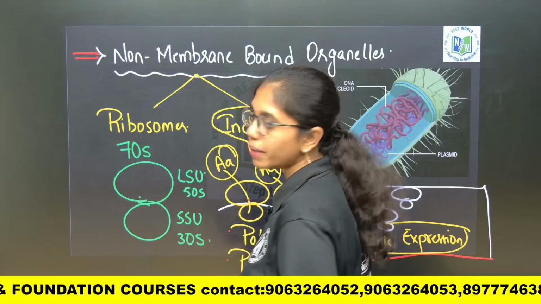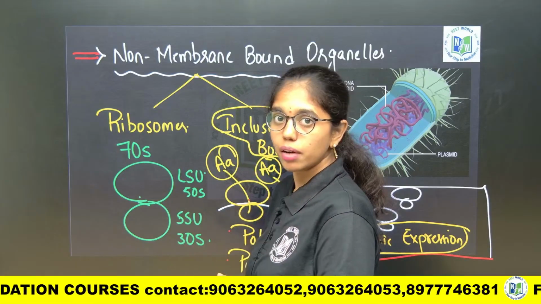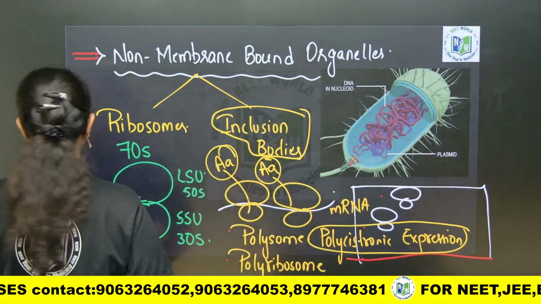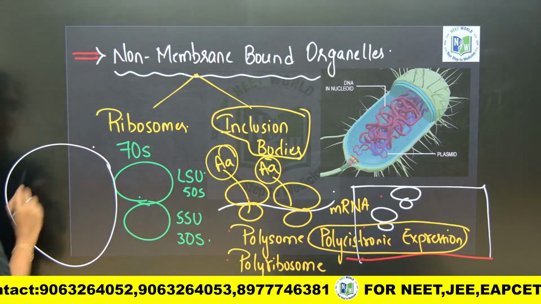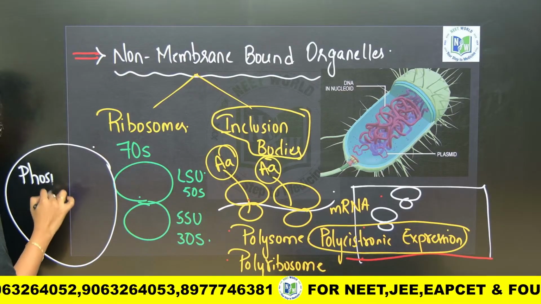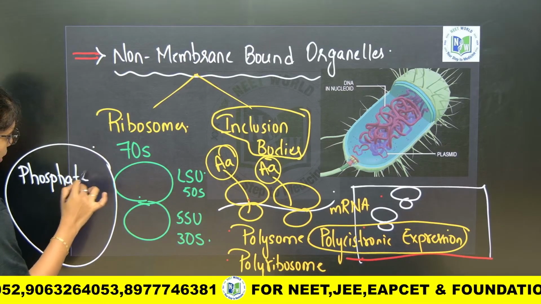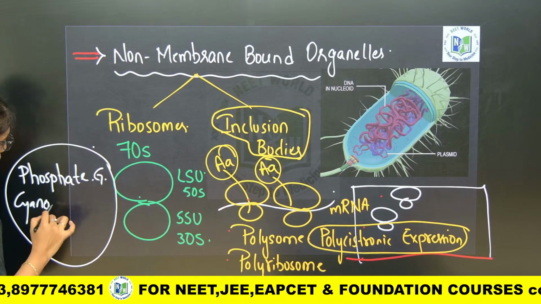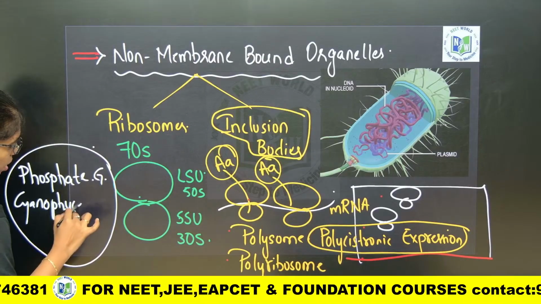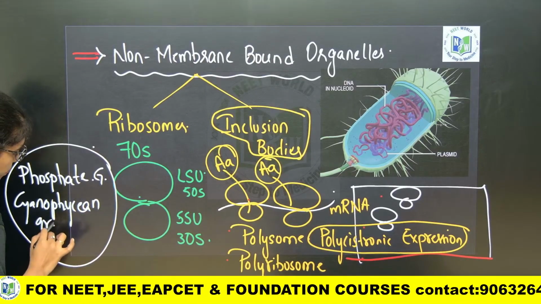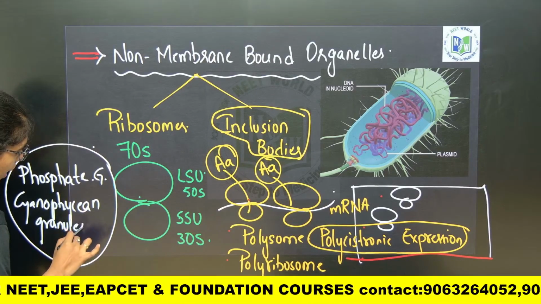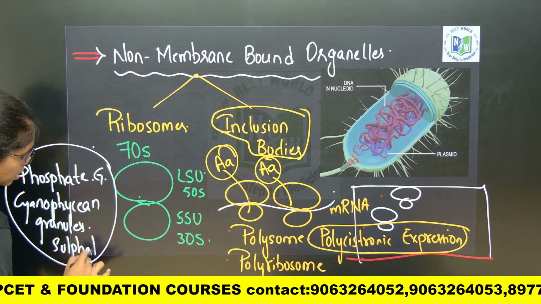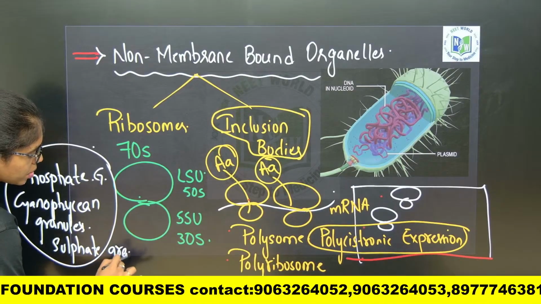Coming to reserve food material, they will be storing reserve food material. Inclusion bodies are of many types: phosphate granules, cyanophycean granules, and sulfate granules.